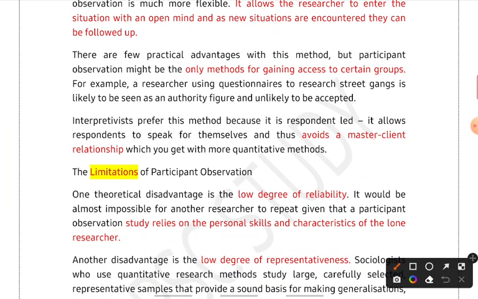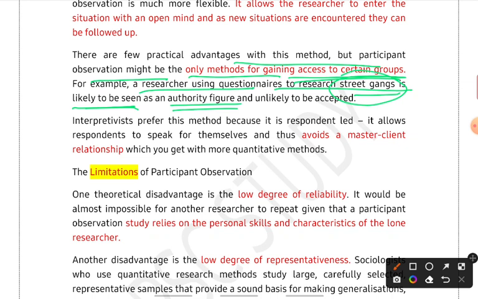Then there are a few practical advantages with this method. Participant observation might be the only method for gaining access to certain groups. For example, a researcher using a questionnaire to research street gangs is likely to be seen as an authority figure, and unlikely to be accepted, right? If you want to see why a drug is very much prevalent in some parts of India, the researcher cannot predefine the questions and then approach the persons involved in that drug culture.